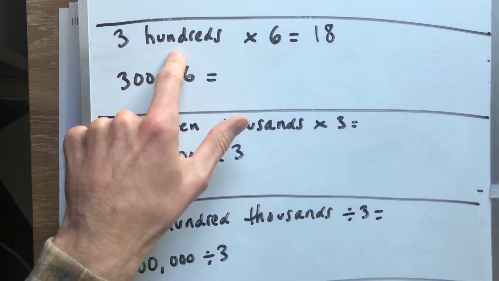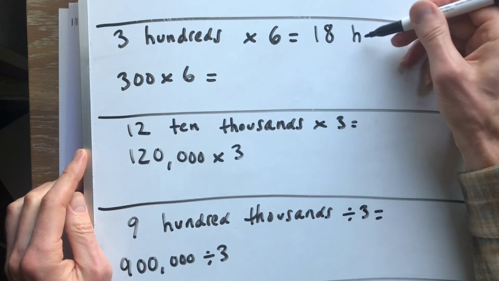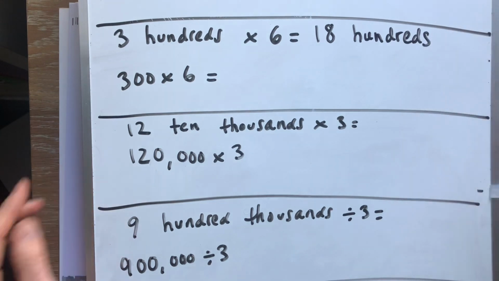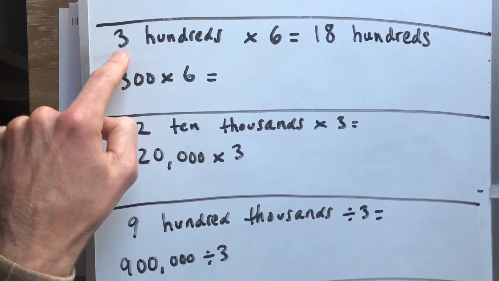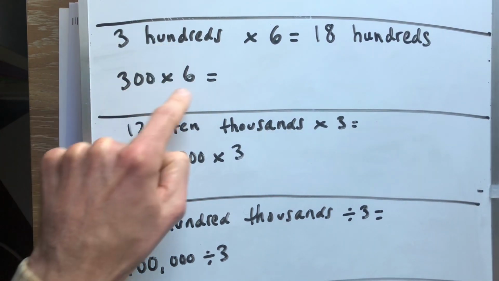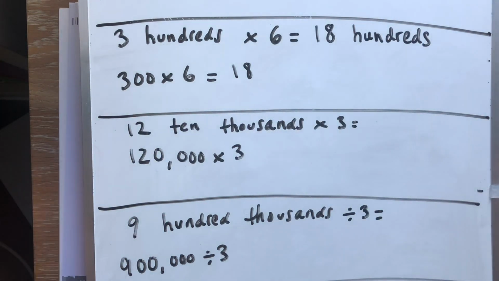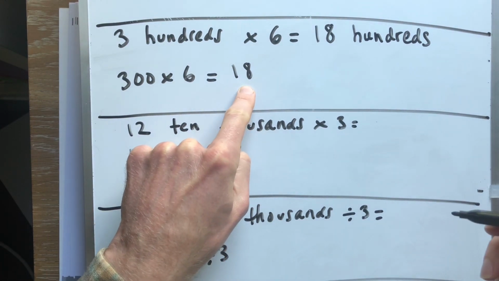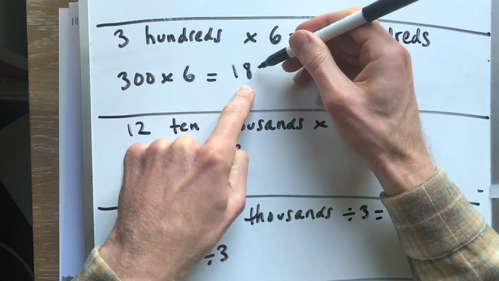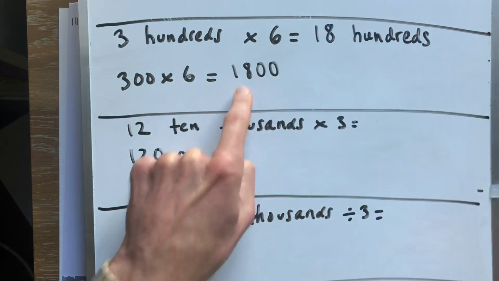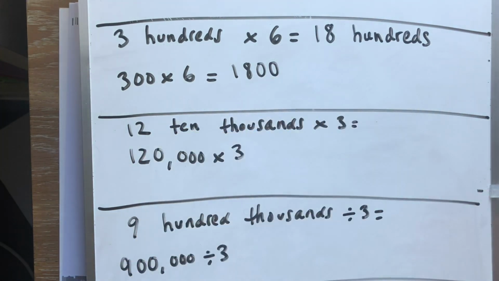So 3 hundreds times 6 is 18 hundreds. Is this 18? No, it's 18 in the hundred spot. So 100 spot, 10 spot, 1 spot. 18 hundreds.